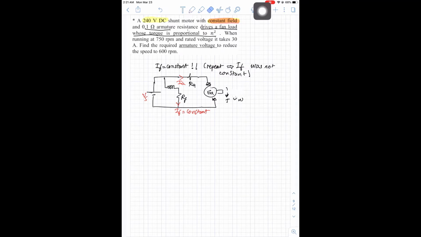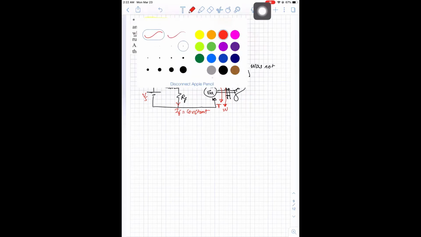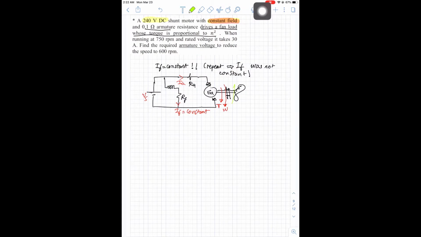Now if we go here, the machine has a mechanical coupling, so this machine is coupled with a fan. The machine will have a torque output T coming from the machine, which will drive this with a speed omega in this direction, and the load itself, which is the fan, will have a reaction, T of the fan.